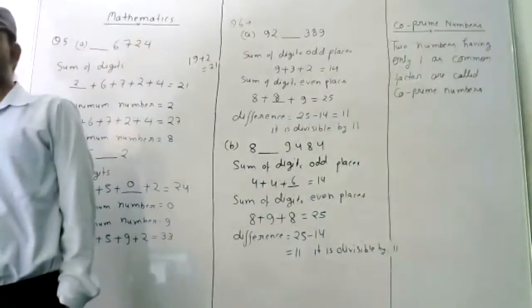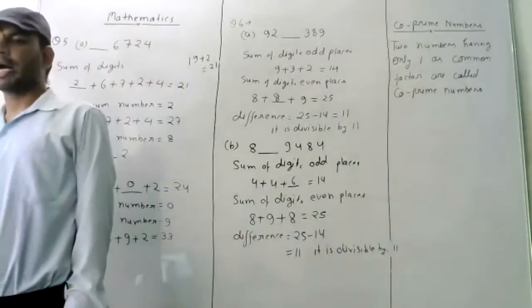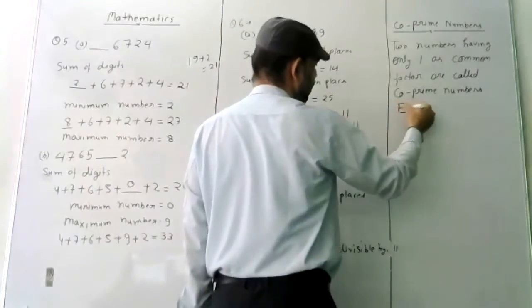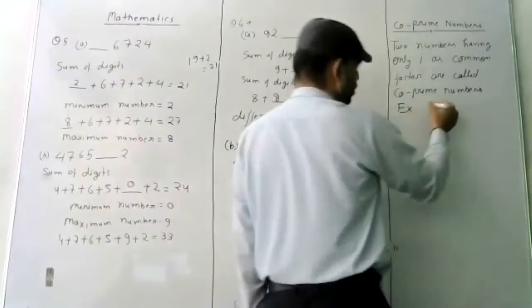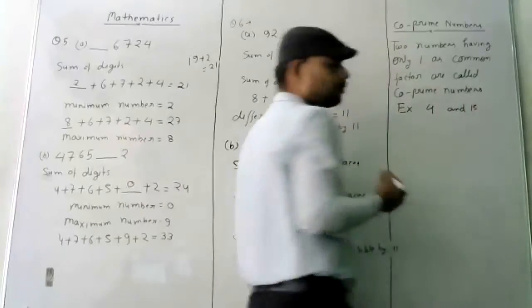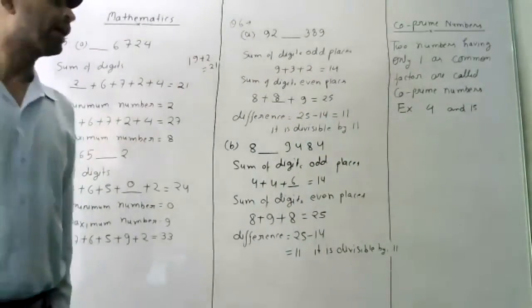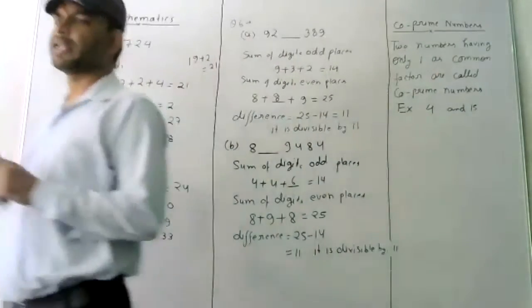If two numbers have only one common factor, then the numbers are called co-prime numbers. For example, 4 and 15, because both have only one as a common factor. Only one is the common factor.